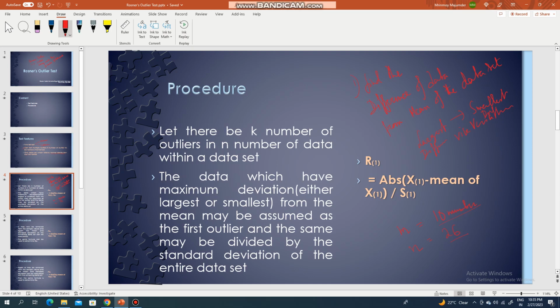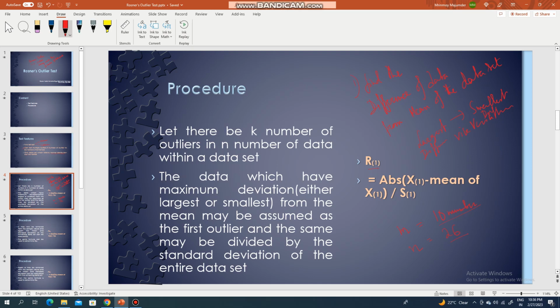First, you will calculate R1. R1 is the rank 1 data when you arrange the data from largest difference to smallest difference, and you will calculate R1 with the help of this formula.